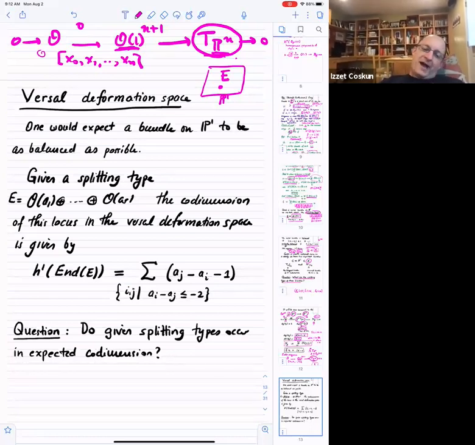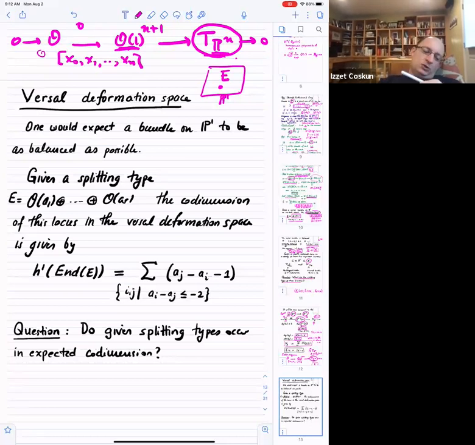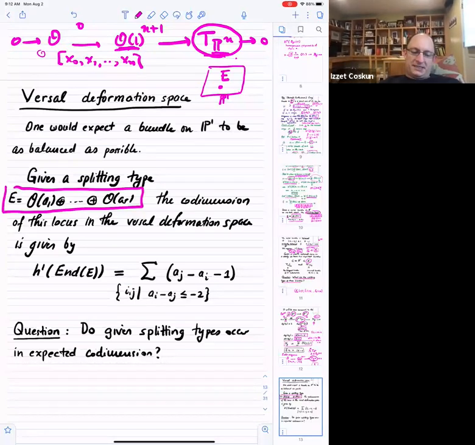In fact, you can compute in the versal deformation space of the bundle the expected dimension of a certain splitting type. If you give yourself a bundle like this, then the codimension of this locus in the versal deformation space is given by h1 of the endomorphism bundle.